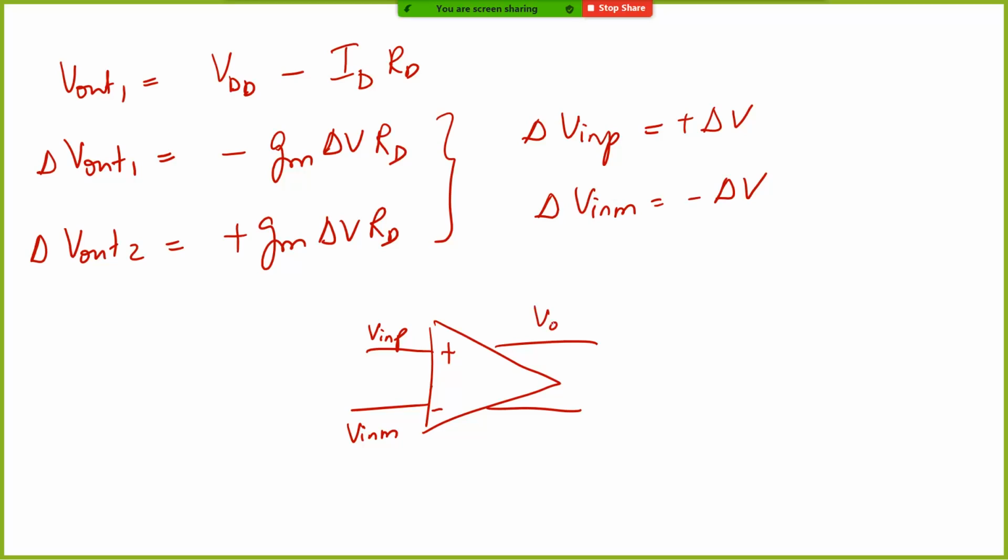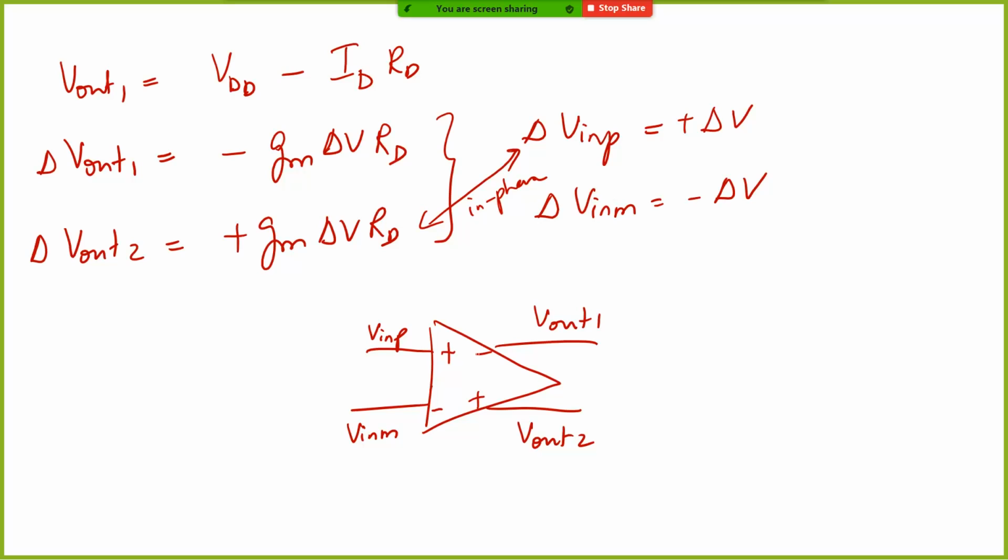If, let's say, this is V out 1 and this is V out 2, which will be plus? V out 2 will be plus, because V in P and V out 2 are in phase. So, this will be plus and this will be minus.